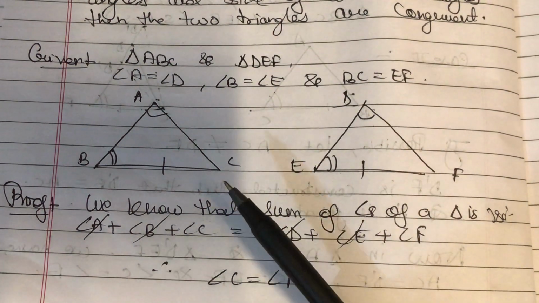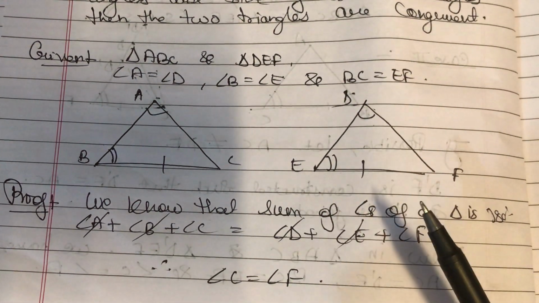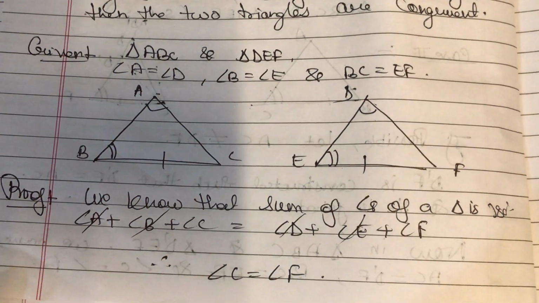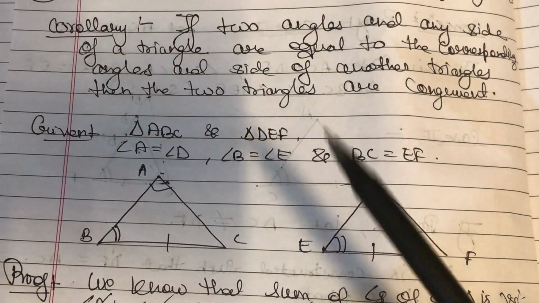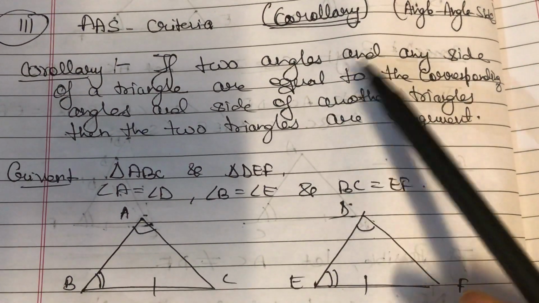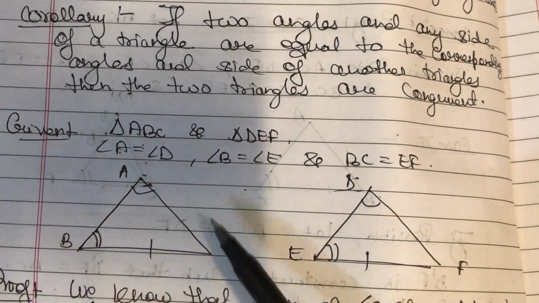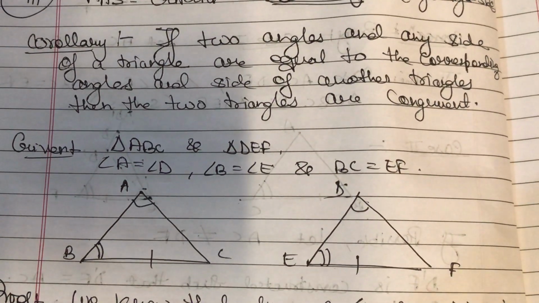So triangle ABC is congruent to triangle DEF using ASA criteria. Therefore this is also proved that with AAS criteria also we can prove two triangles are congruent.